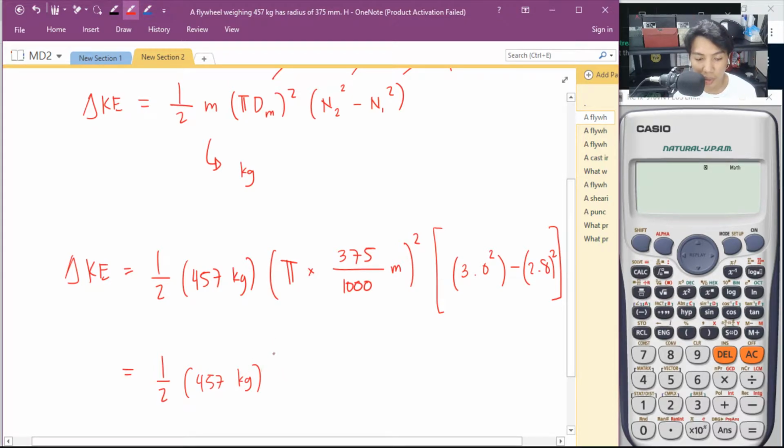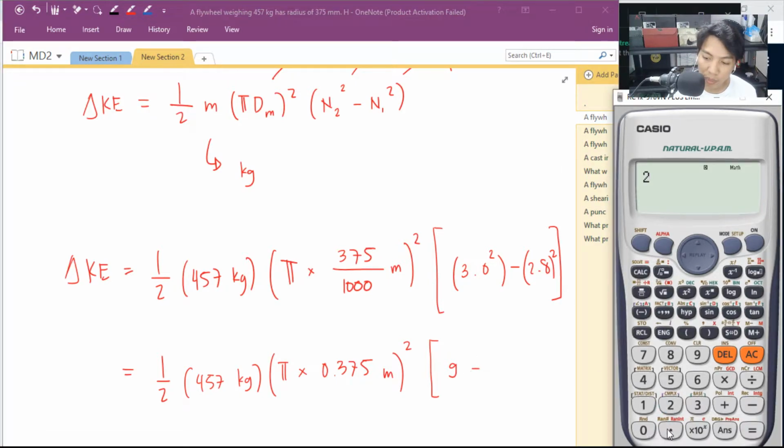Tignan natin yung unit convention ha. Pi times 0.375 meters squared natin. Tapos, yung revolutions, so 3 minus 2.8, 3 squared minus 2.8 squared, that is 7.84.